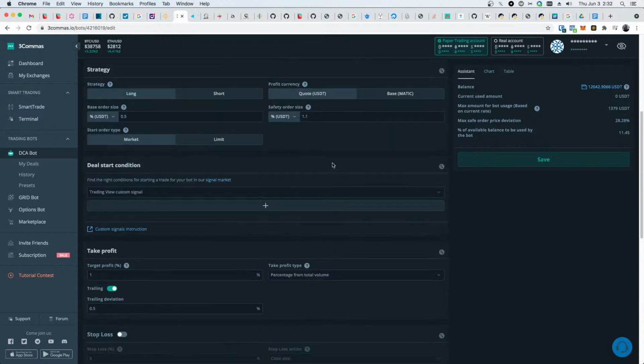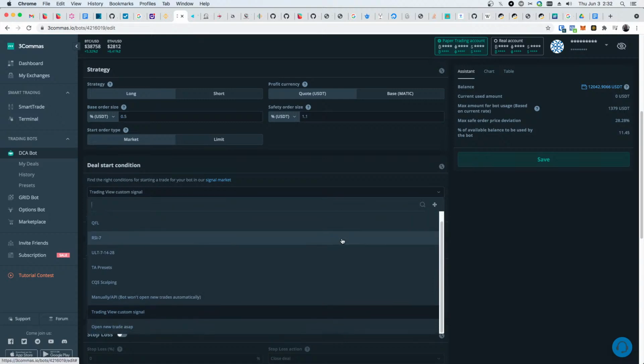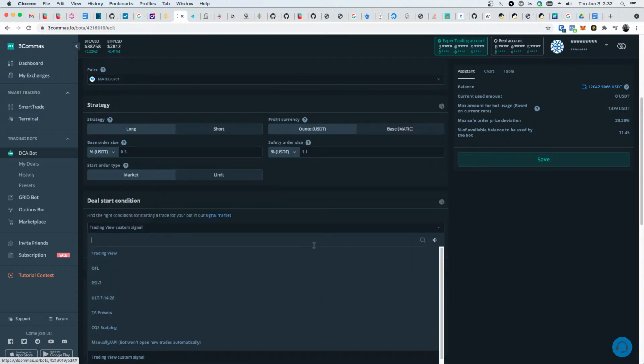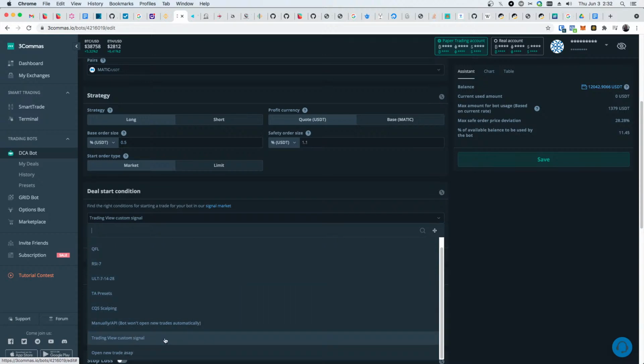And then going back down, we have this TradingView start condition. There's a whole bunch of stuff you can add in here, and you don't have to use TradingView; there's a couple of other ways to say you want to start trades.